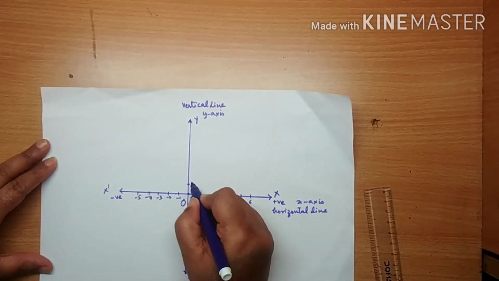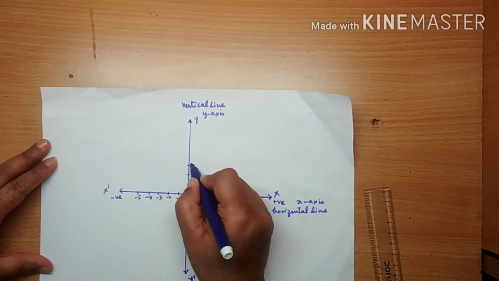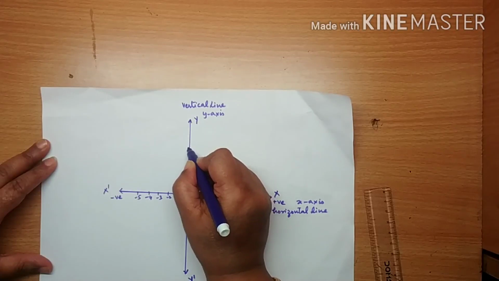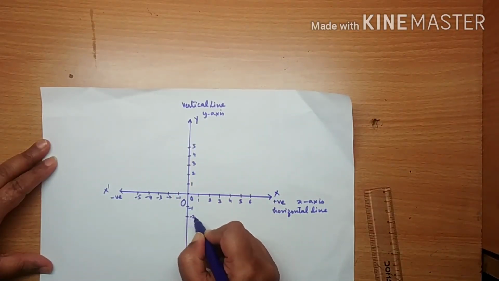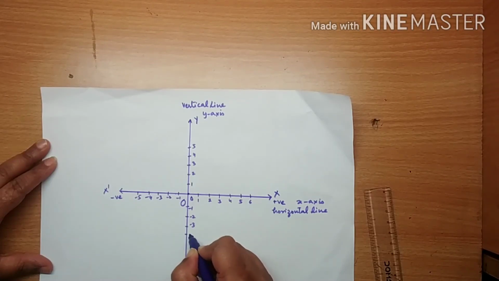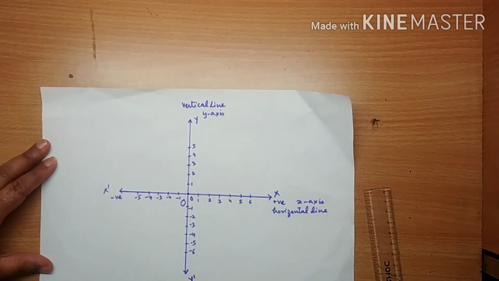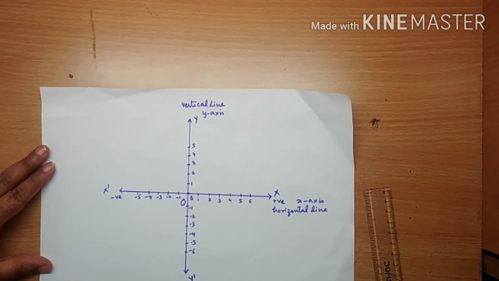So positive on the upper side of this vertical line and negatives on the lower side, and so on. Right?